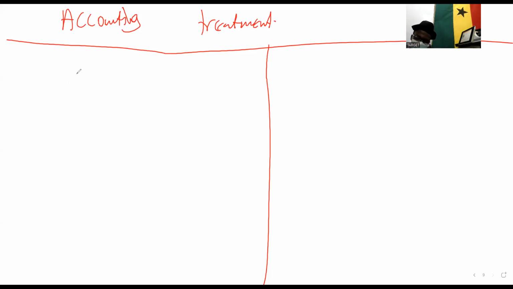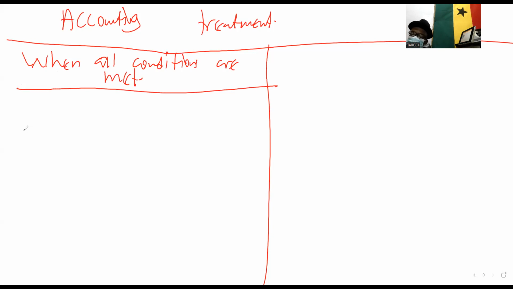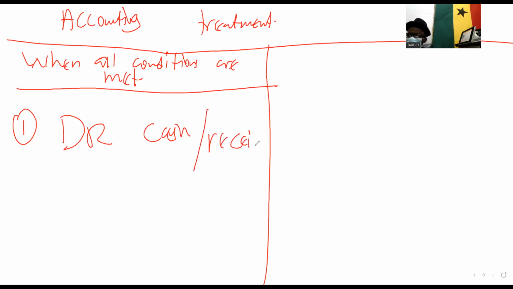First, when all conditions are met, 100% fulfilled, there are only two treatments. Number one, you debit cash, or receivable if you have not received the funds. Sometimes you have fulfilled the condition but the money has not been paid.